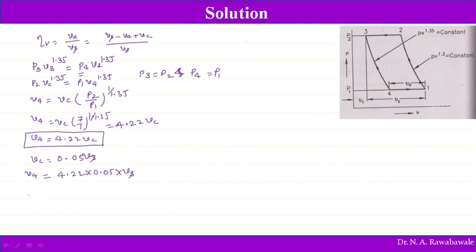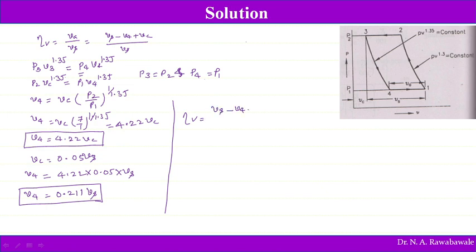Now V4 equals 0.22 Vs. Now we know the volumetric efficiency in terms of Vs, V4, Vc.